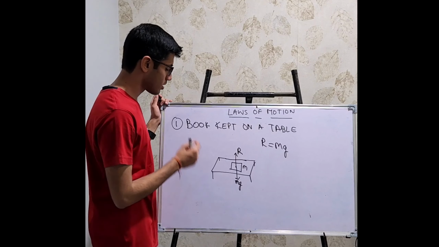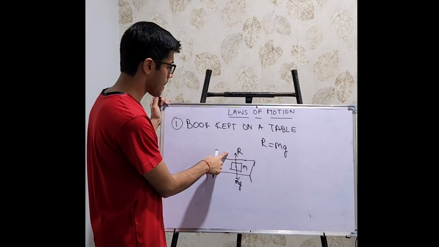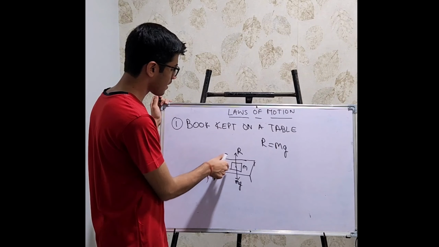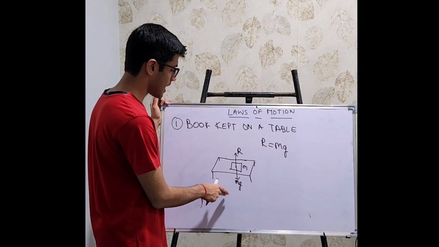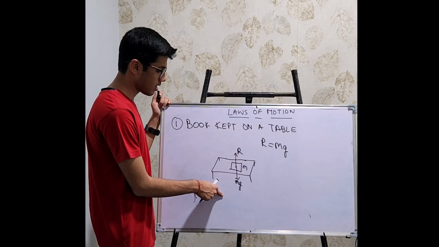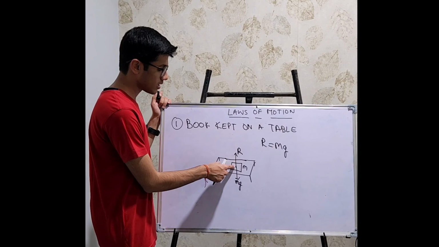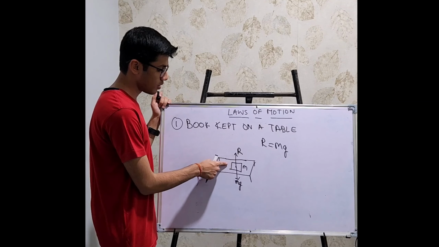Now, one more thing we can notice here is that one force is due to the earth on the book, and one force is due to the table on the book.